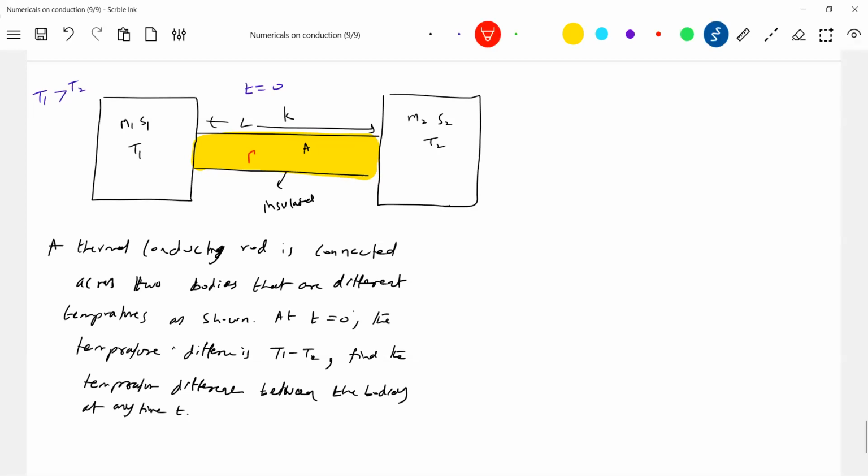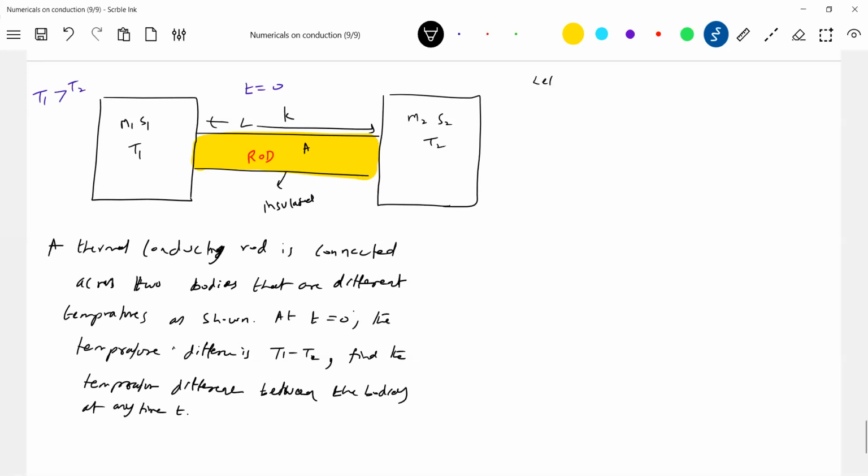Okay, get into the problem now. In the previous problem, the temperature of one end of the rod was constant, the other end was varying. Now here both ends, the temperature is varying. So how to analyze such numericals here? Let ΔT be the temperature difference at any time t.